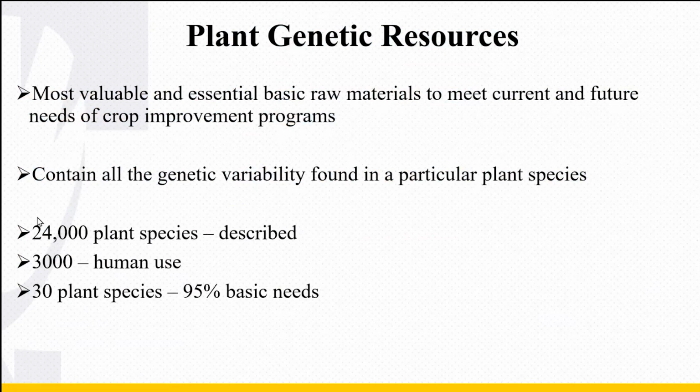And so we can pull from some of these other plant species that aren't necessarily adopted or cultivated in larger quantities, that meet this 95% of our needs. There are plenty of materials that we can pull from in case these 30 plant species start to lose some of their hybrid vigor or their genetic diversity.